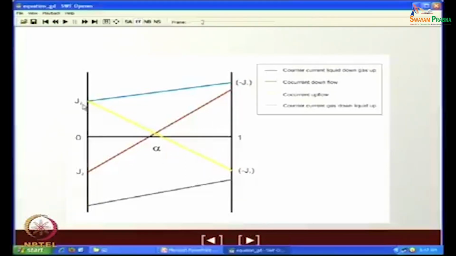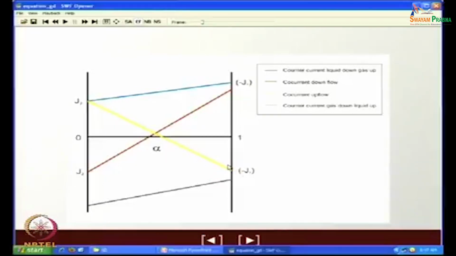Now, see in this particular case, suppose you are having co-current upflow. That means J2 is positive and J1 is positive, or minus J1 is negative. So, this is the curve for co-current upflow.